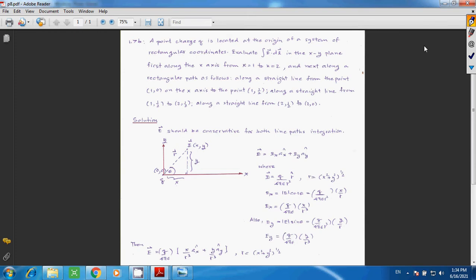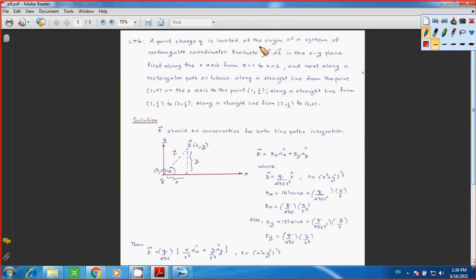Let's get started with problem number 1.7b. A point charge Q is located at the origin of a system of rectangular coordinates.